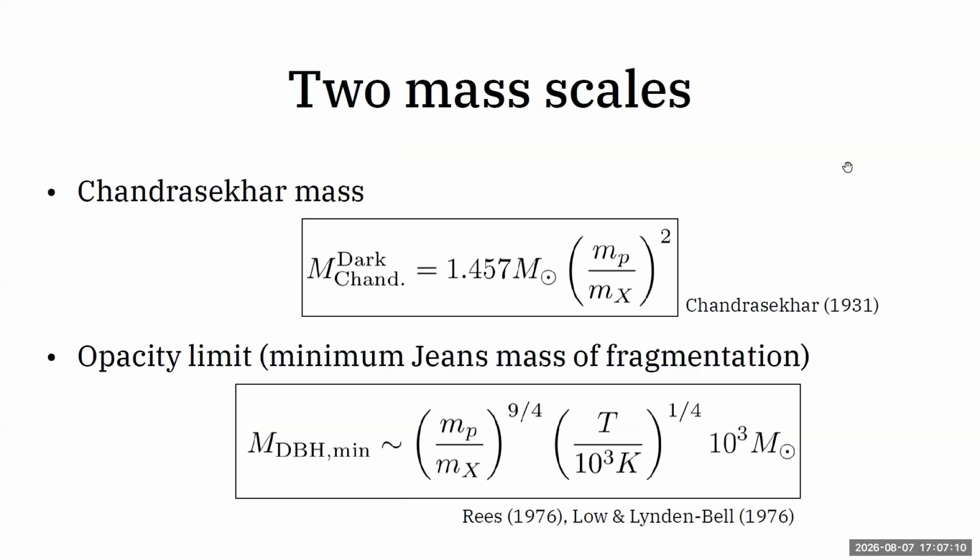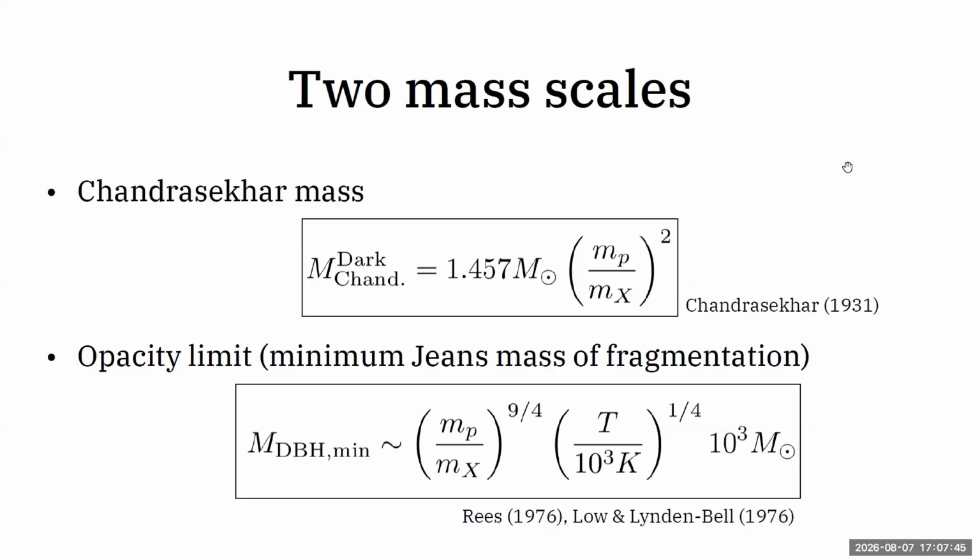If you think about the Population III star, which is the star formed out of pristine gas, which is basically hydrogen and helium, the formation of star in that environment is exactly parallel to the formation of dark matter star. So in that case, there's an opacity limit done by Lynden-Bell and Martin Rees, and there's a minimum mass scale of Population III star, just coming out of the adiabatic cooling of the gravitational collapse. So Population III star has 1,000 solar mass.